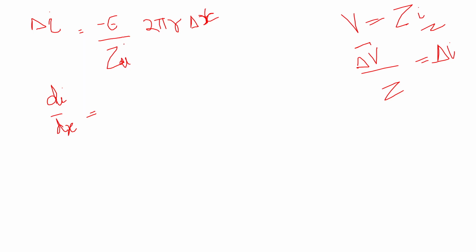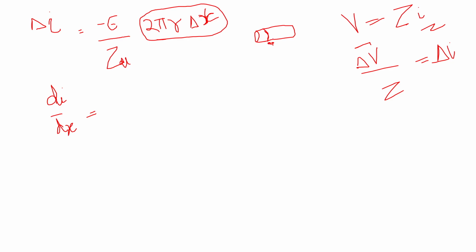Side walls, yeah. 2 pi r, that is the area? No, 2 pi r is circumference, no? Into delta x. So it's across the side wall. So this 2 pi r will give the circumference, right? Into delta x. So what does that become?